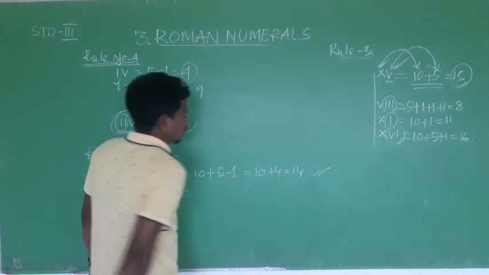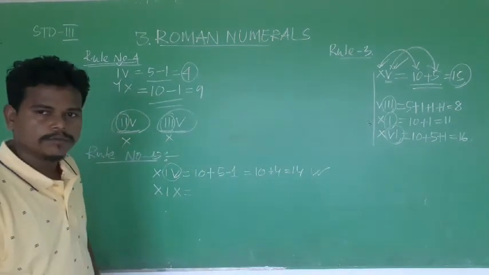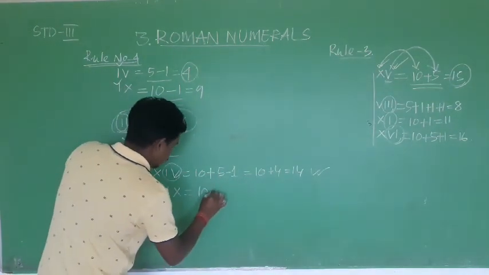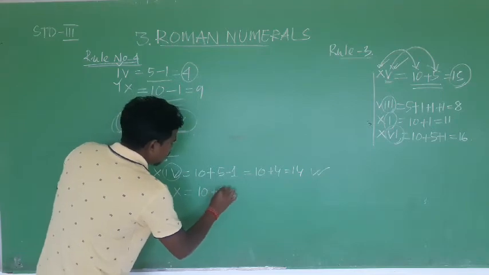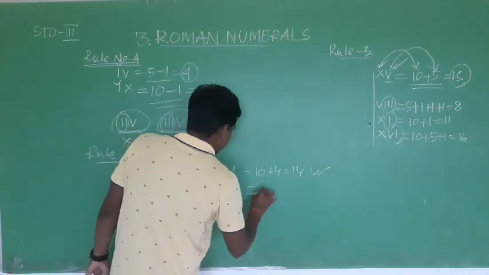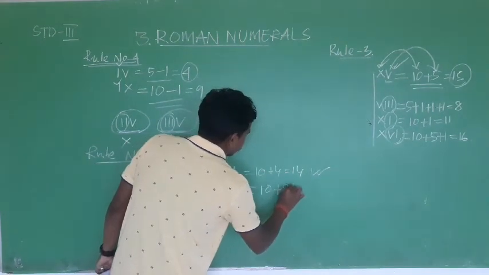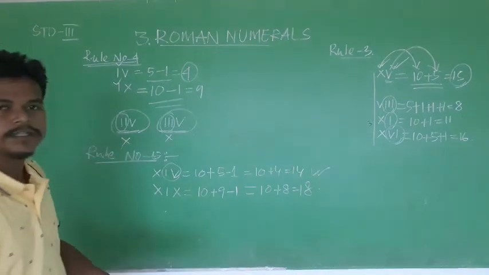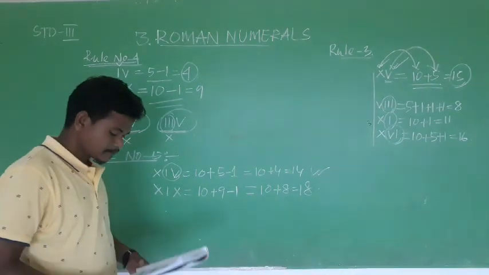Right? Another one is 10 plus 9 minus 1, that is equal to 10 plus 8 is equal to 18.